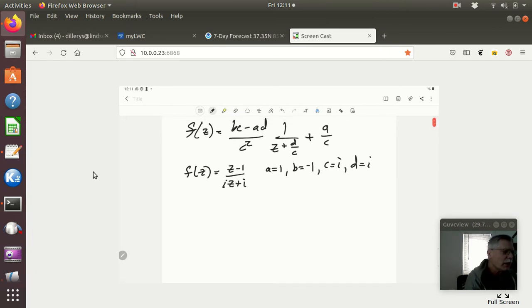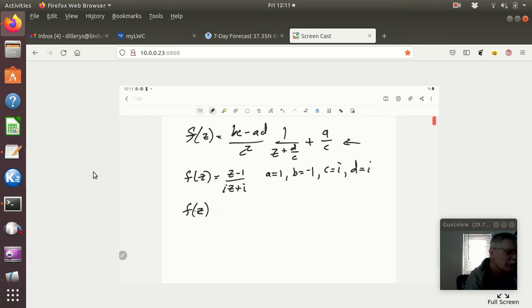Now, if I want to write my f of z in this form, we have f of z equals BC, so that's -i, minus AD, so minus i, so that's a -2i over i squared.